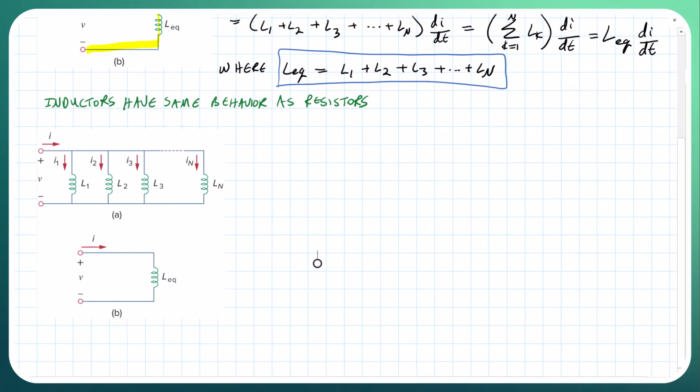Okay, so now we have inductors in parallel, and we have these branches coming down with currents at each one of those branches. So we want to find the equivalent circuit.